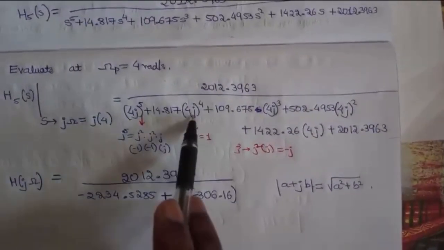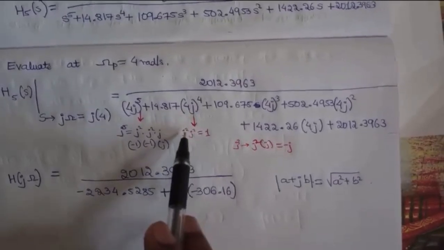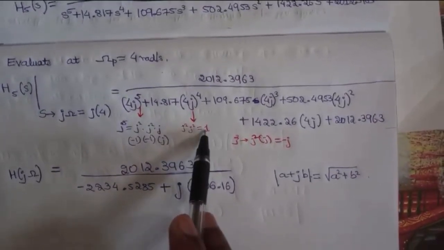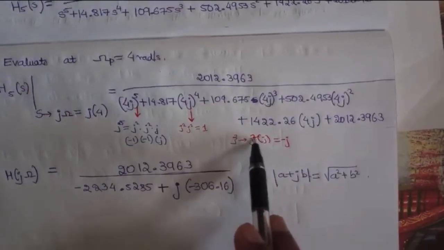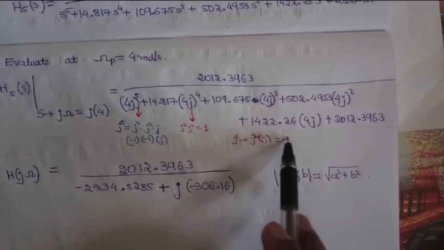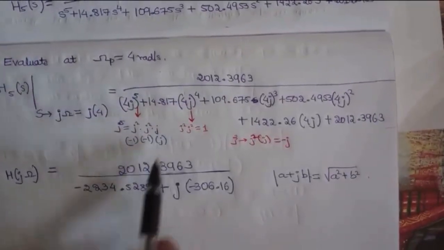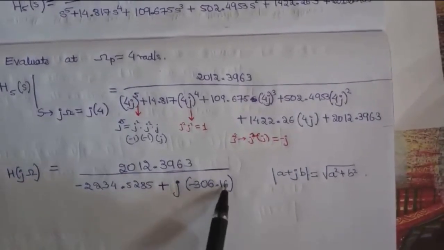Similarly, for 4 power 4 into j power 4, j power 4 can be written as j square into j square, that is minus 1 into minus 1 becomes 1. For j cube, j square into j, where j square is minus 1 and j remains as it is. After solving this, we get two terms, that is one constant term and one imaginary term.